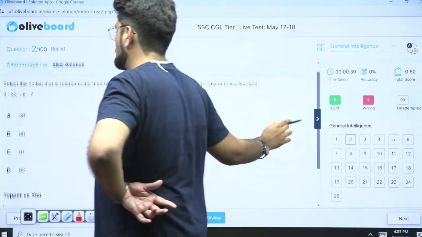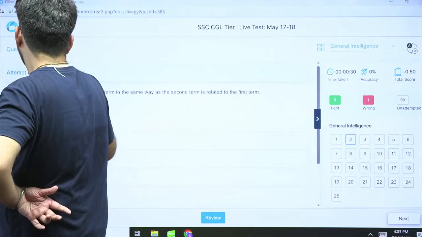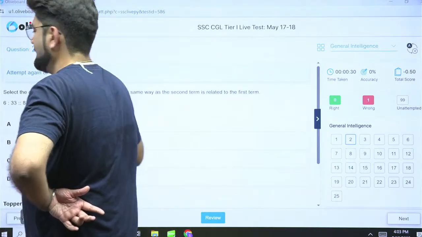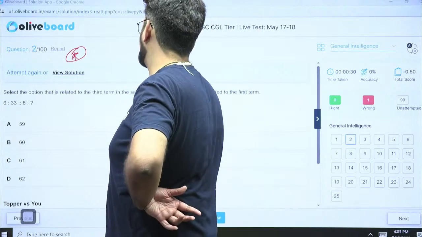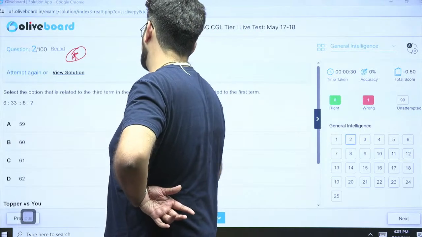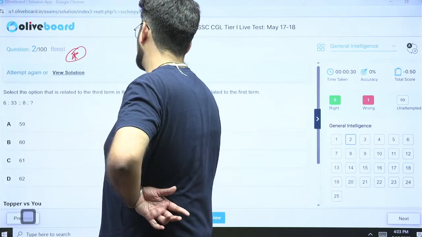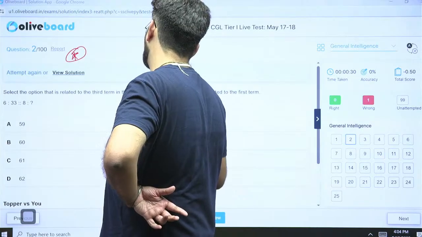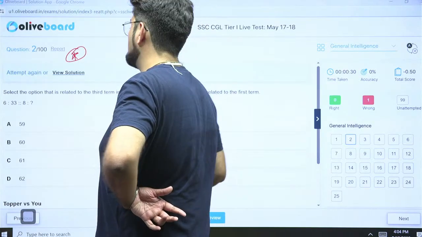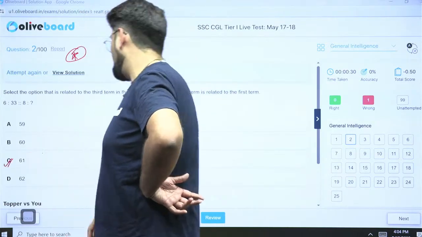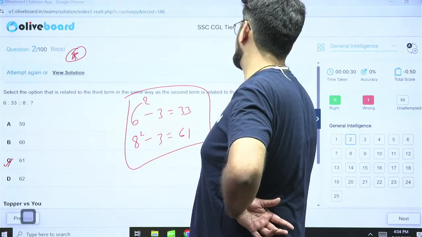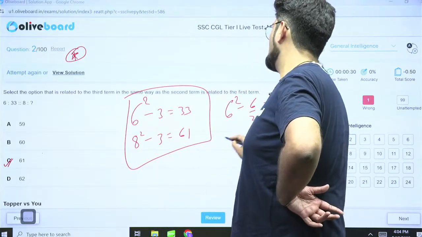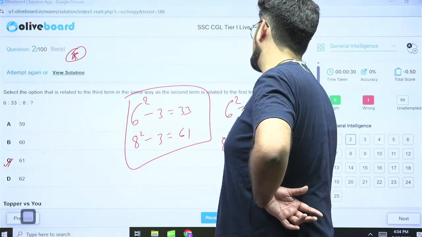This question I would call a wrong question. I would call it a false question. I'll tell you why. Look at the logic here. The logic which you are getting is 6 square minus 3, that is 33. So technically you would say 8 square minus 3, that is 64 minus 3, 61, which is there. But this is also a logic. 6 square minus 6 divided by 2 is equal to 33. 8 square minus 8 divided by 2. Why not?